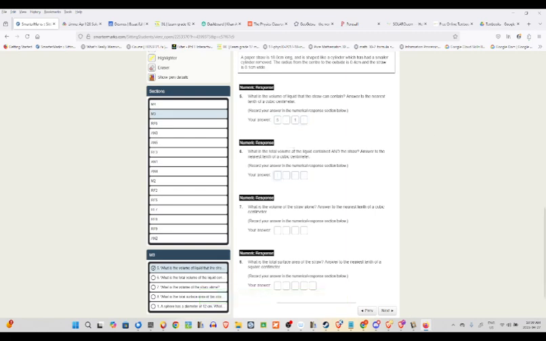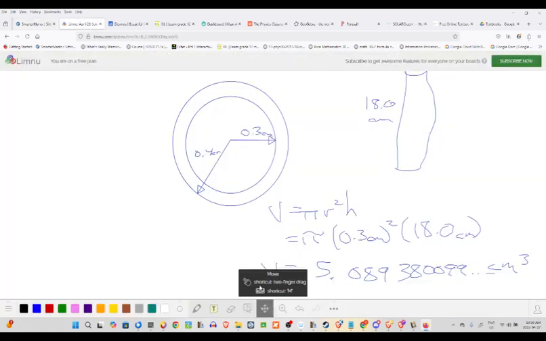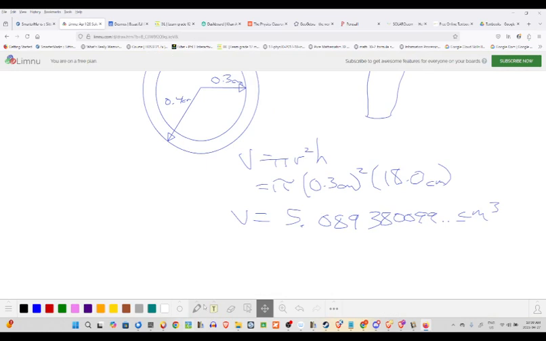Total volume of the liquid contained in the straw. Well, that we can just go to the outer radius. So that's the inner volume. The outer volume is going to be the same formula, but with 0.4 instead of 0.3.